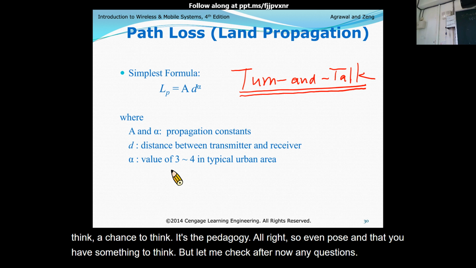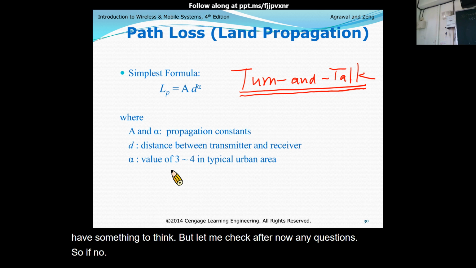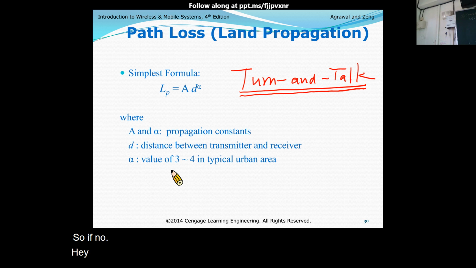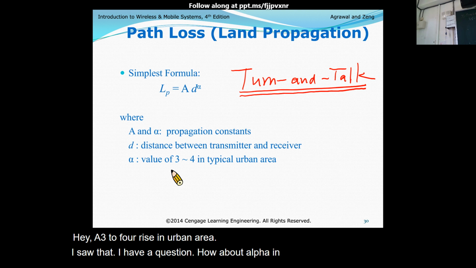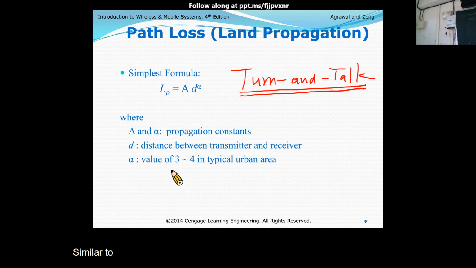So if no, here, alpha 3 to 4, right, in urban area. And so I have a question. How about alpha in a suburban area? Similar to 3 to 4 or lower?